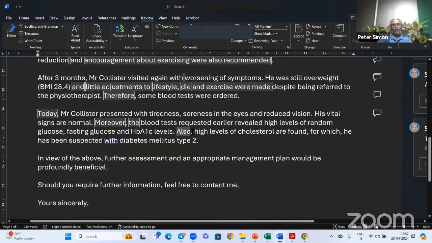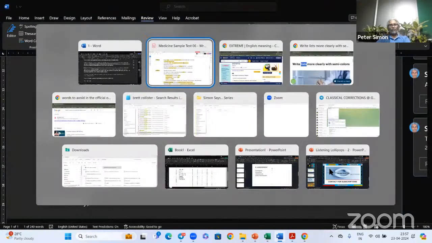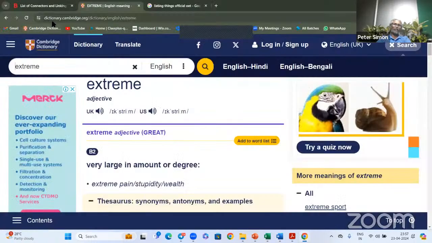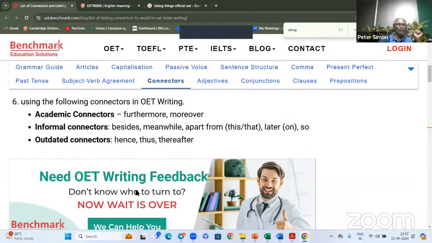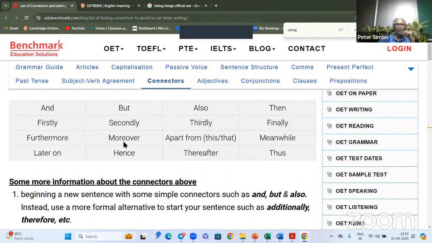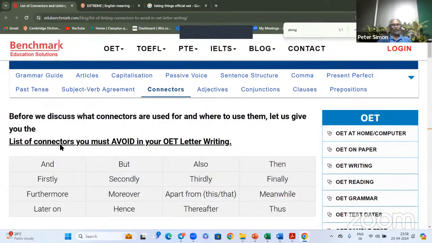Also, we are writing in the beginning. Can it be used in the beginning of the sentence? Let us check. Also, avoid also with a capital letter in the beginning. Don't use it. List of connectors you must avoid in your OET writing letter.